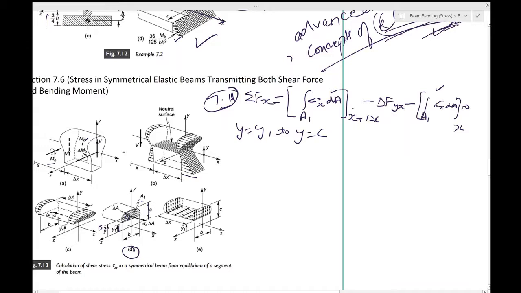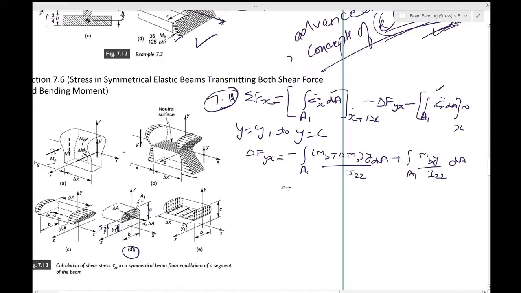We will put sigma x according to 7.16, and then we would get delta fyx is equal to minus of the integral over A1 of (Mb plus delta Mb) y by Izz dA plus the integral over A1 of Mb y by Izz dA.